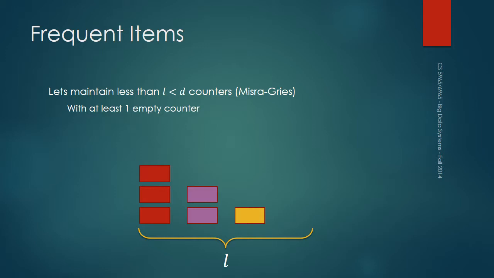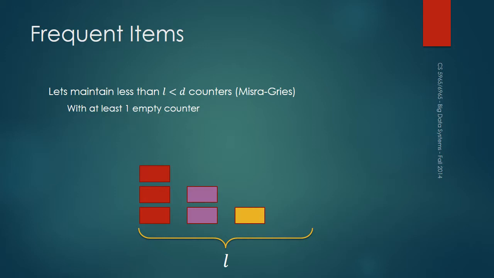Let's call it L. This is similar to the approximations we were doing for the matrix. These are approximations, so we're not going to get exact frequencies for every item, but an approximation which depends on how small or large L is. That's where your ratio is.